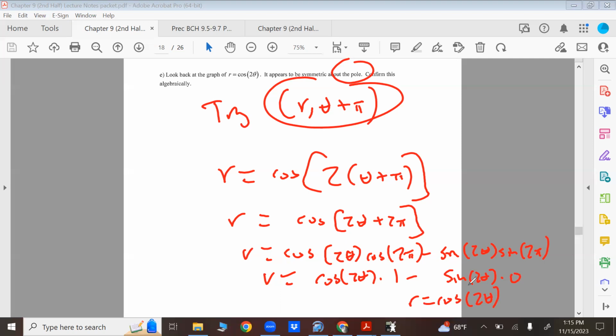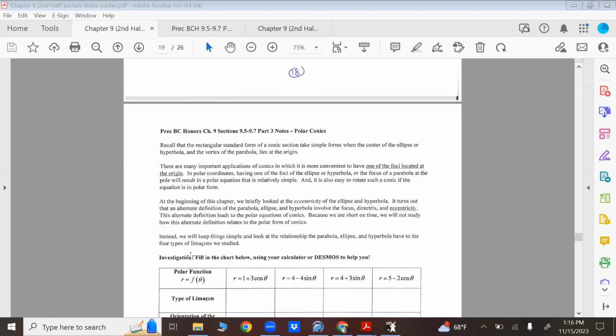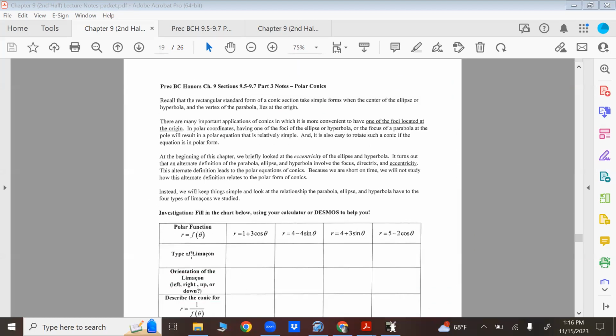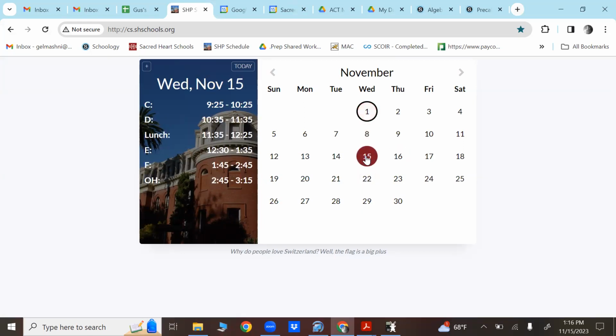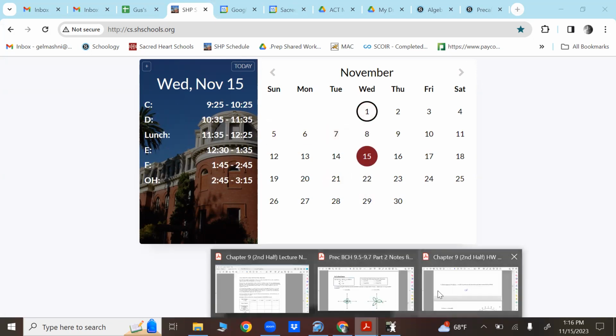The only way to guarantee that was to put 2 petals in each quadrant for sine 4 theta. So it just depends on the situation you're given. All right, guys, we're moving on to part 3 now. Let me just check time, make sure we're okay. Today is the 15th. Yeah, let's keep going, guys. I want to keep moving here.